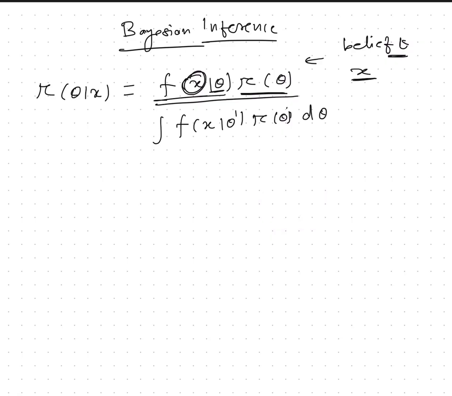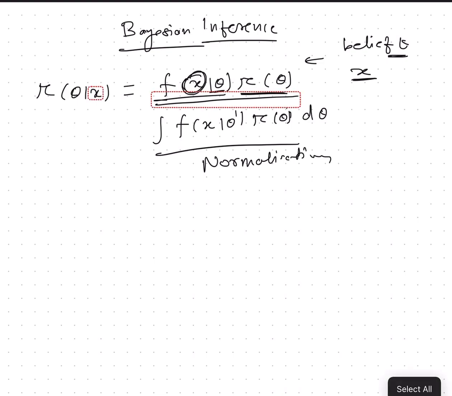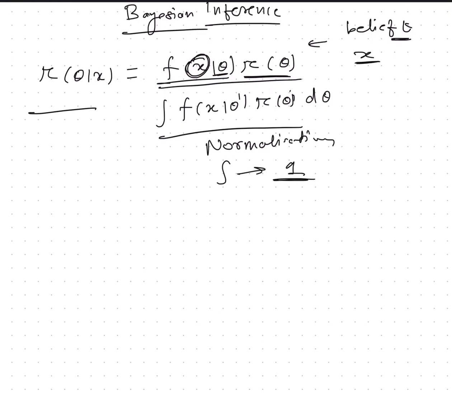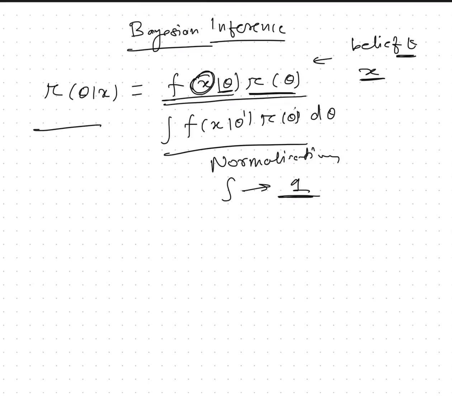And then in the denominator we have the marginal density of the data. We can also consider this as a normalization, so that our posterior integrates to 1. So this is for a continuous case.